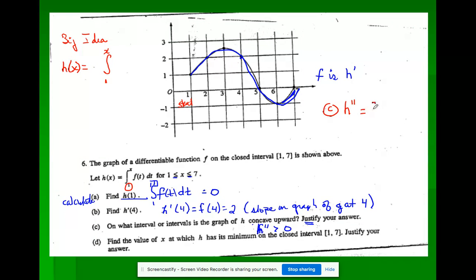The second derivative of h, well, I guess I should even write it like this, right? If I want to fully justify, start from the beginning. h prime is equal to f. Therefore, h double prime is equal to f prime. That's my justification.